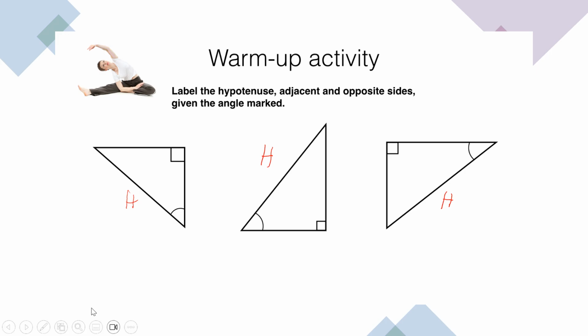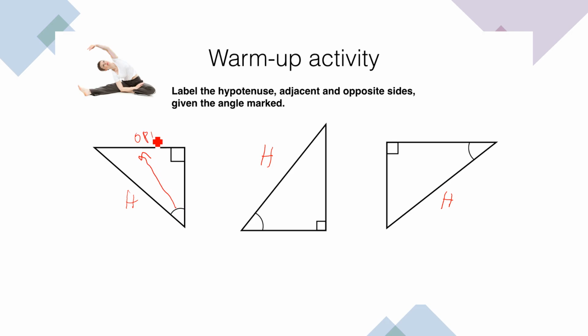The only ones that can change depending on your perspective would be opposite and adjacent. So on all these triangles, we're going to be looking relative to this little swoosh here. Basically we're looking from this angle's perspective, and from this angle's perspective, which side is opposite and which one is adjacent. So opposite, when you're looking relative to this angle here, is just the side directly across from it.